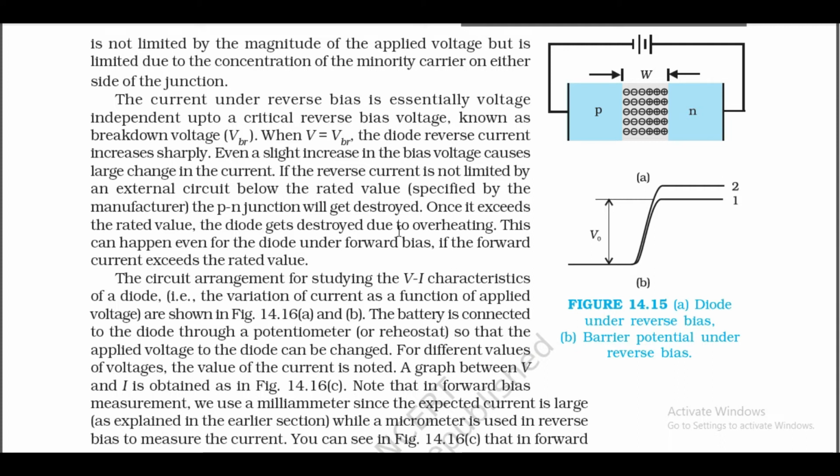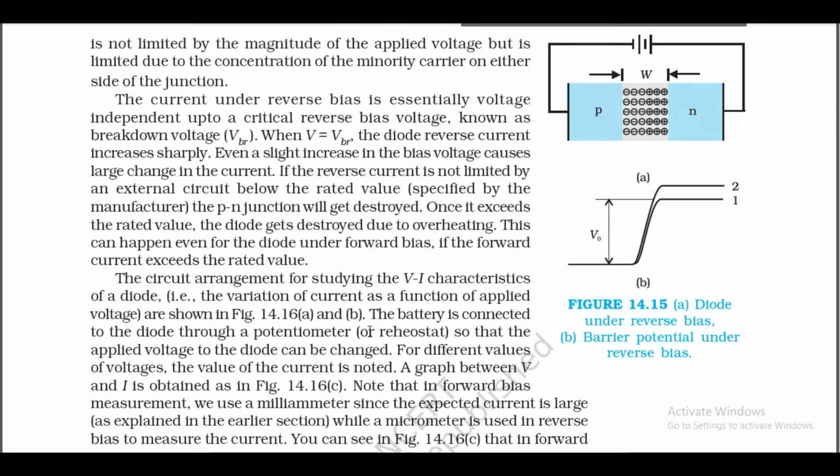This can happen even for the diode under forward bias. If the forward current exceeds the rated value, the diode gets destroyed. The circuit arrangement for studying the V-I characteristics of a diode, that is, the variation of current as a function of applied voltage, is shown in figure 14.16 a and b.